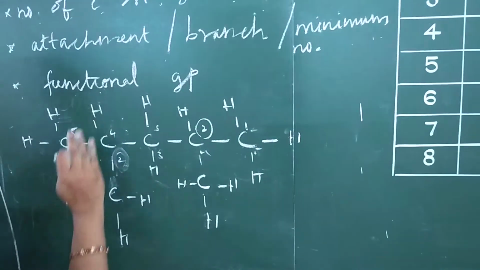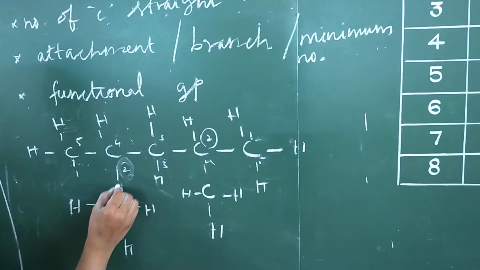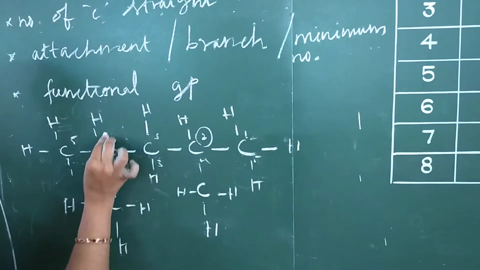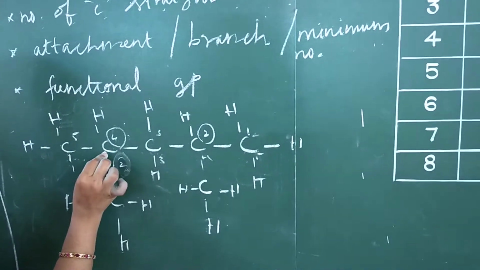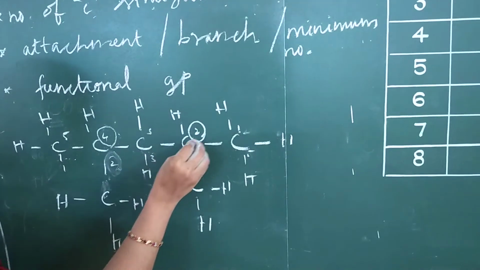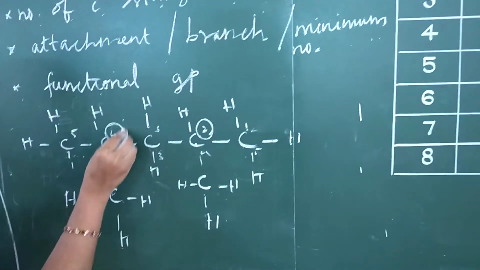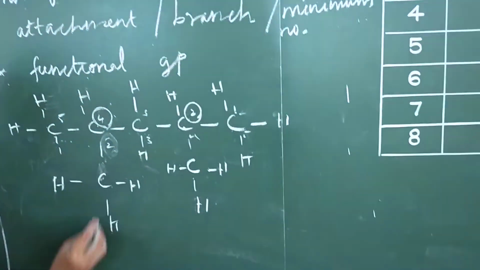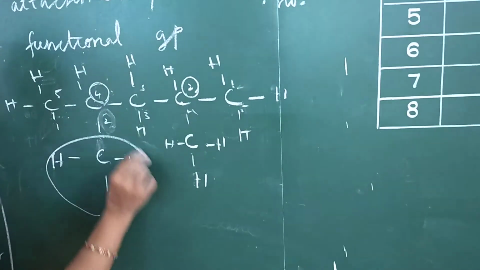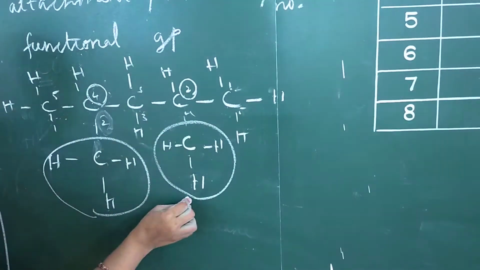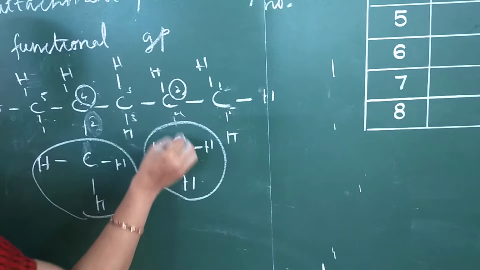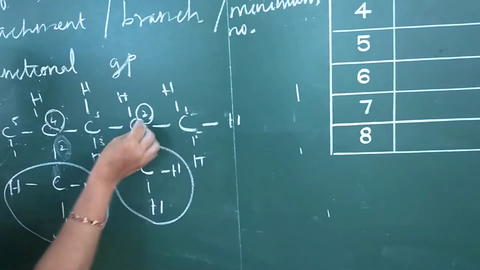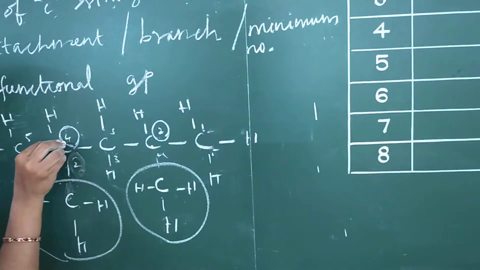Then we can count from anywhere: one carbon atom at the second carbon, another at the fourth carbon. So how many methyl groups are there? 2 methyl groups are present. One is attached with the second carbon atom, another with the fourth carbon atom.